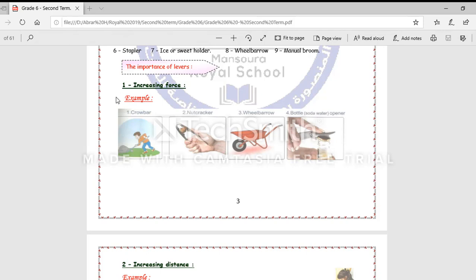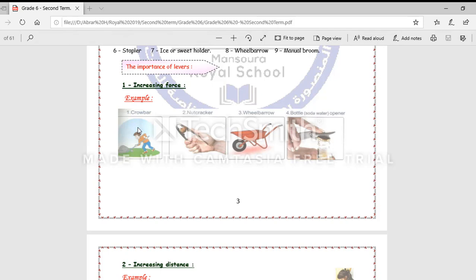What is the meaning of increasing force? It means that I will apply a small force to achieve a function that needs a lot of work to be done. Like holding this rock. If I try to hold this rock by my own hand, it will take a lot of effort.